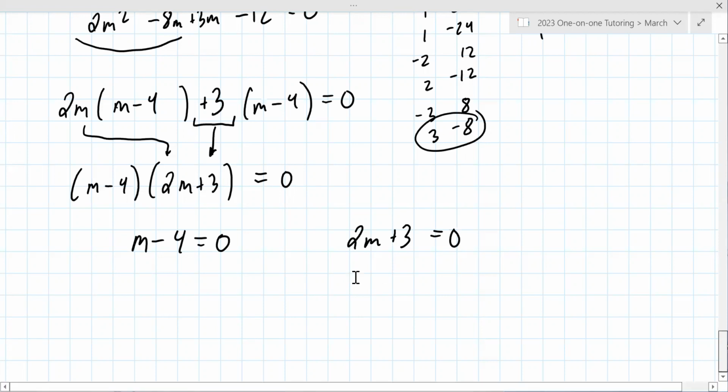I got m equals 4 and m equals -3/2. Very good.